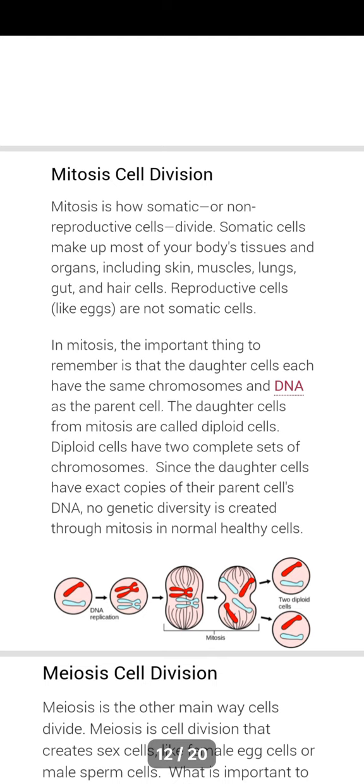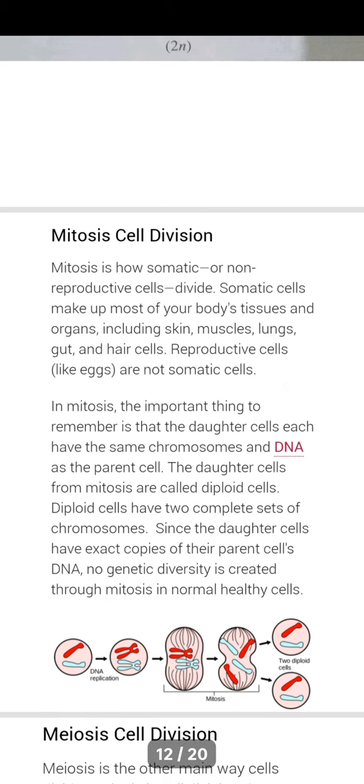Since the daughter cells have exact copies of their parent cells' DNA, no genetic diversity is created through mitosis in normal healthy cells. As the parents' characteristics are there, they will be the same in the children in mitosis.